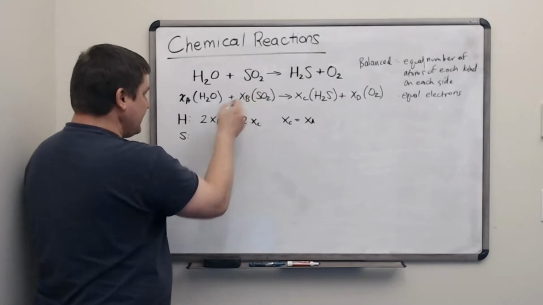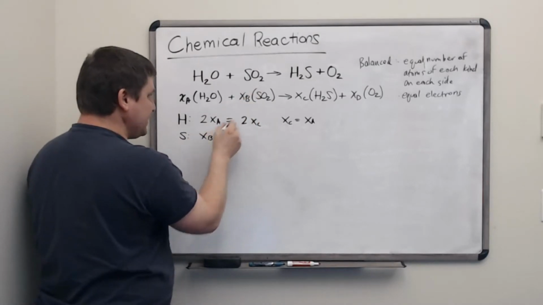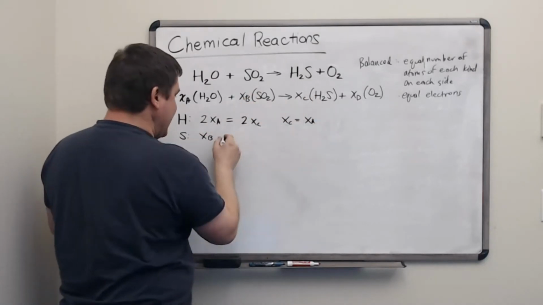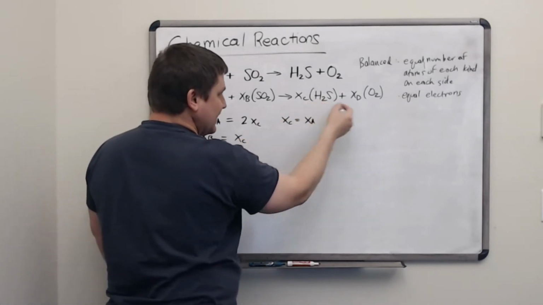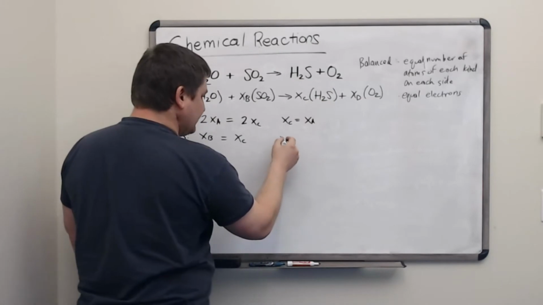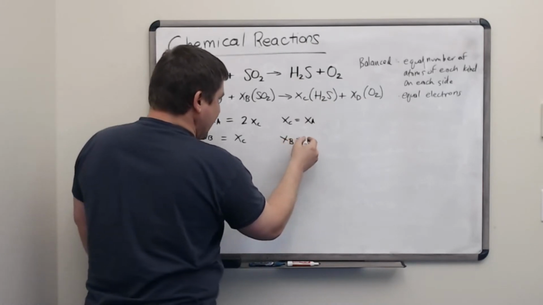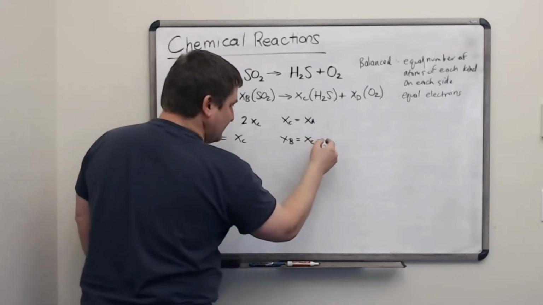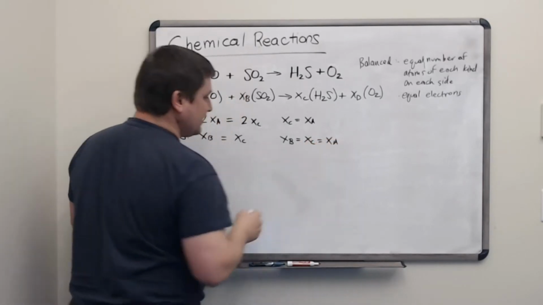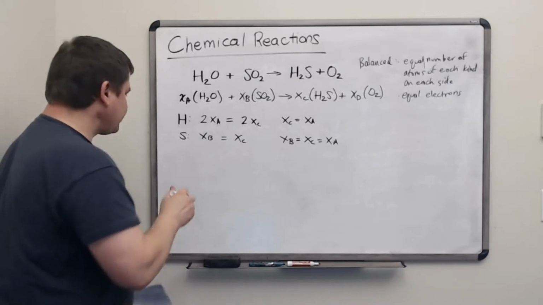We have 1 times XB for the SO2, and we have 1 sulfur in the XC for the H2S and none for the rest. So we conclude that when the equation is balanced, XB must be equal to XC as well, and because of the previous one, it must also be equal to XA.